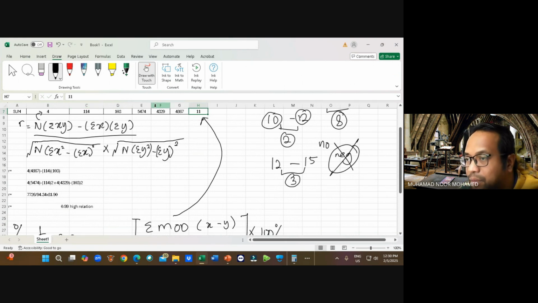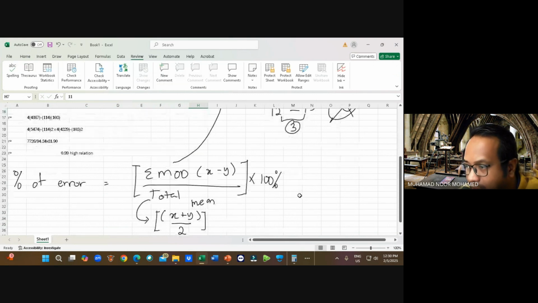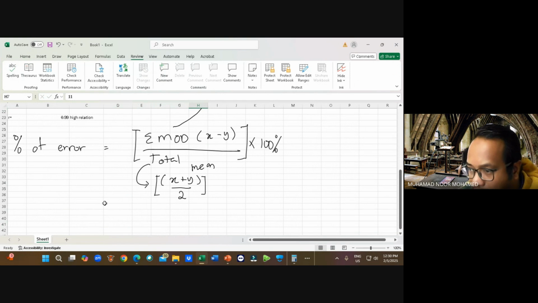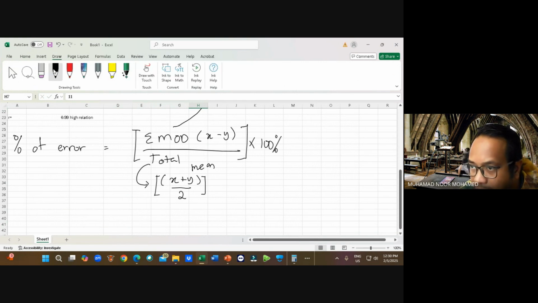Otherwise you need to do it one by one: 22 minus 24, the answer will be plus 68 minus 60, and then 15 minus 11, 15 minus 14, 7 minus 7, and you are going to get 11. So after we have 11, we are going to put it as the summation of mode. Since you have the table, we can use this one.